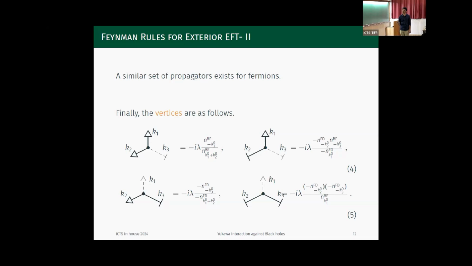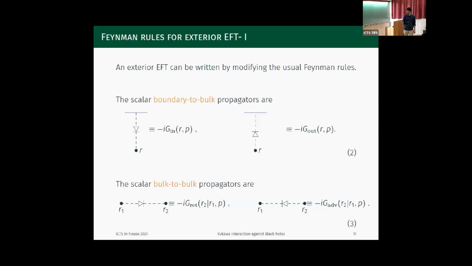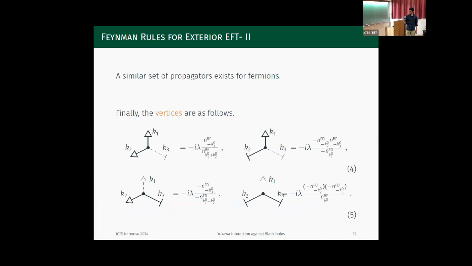Either it can be a triangle or a line, which you can see from here: if it is this line, it can either come to an interaction vertex with a line or a triangle. So every leg has 2 possibilities, and 2 into 2 into 2 is 8, so there are 8 possibilities. Out of these, we find that 2 of them are just 0 from the thermality of the black hole and the unitarity.